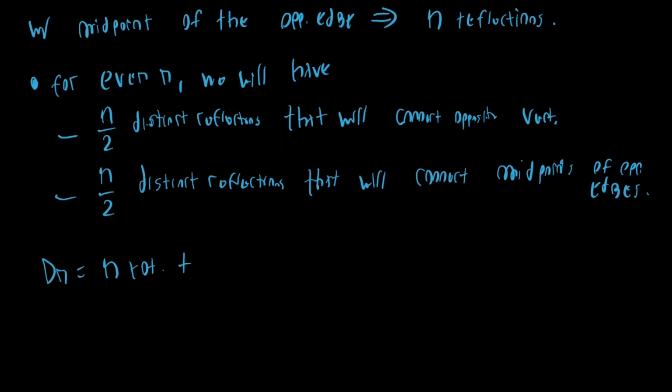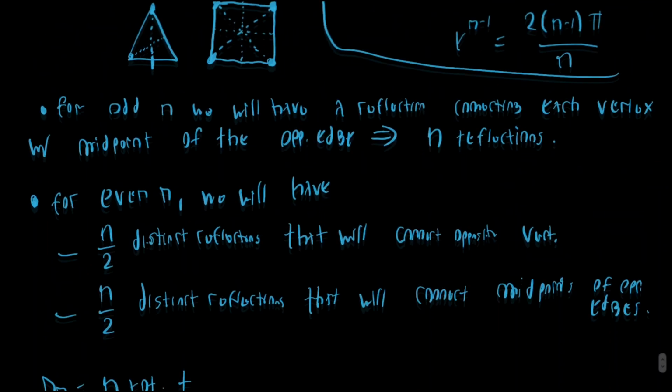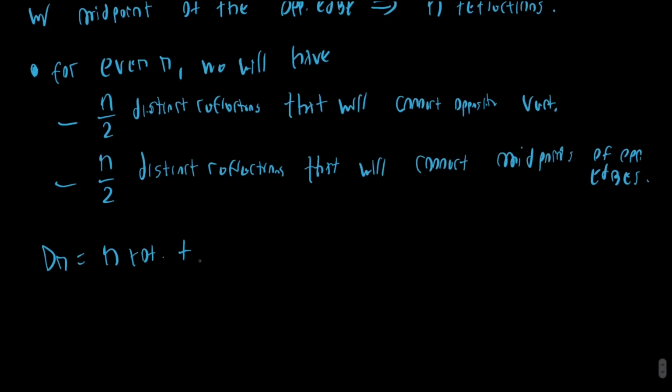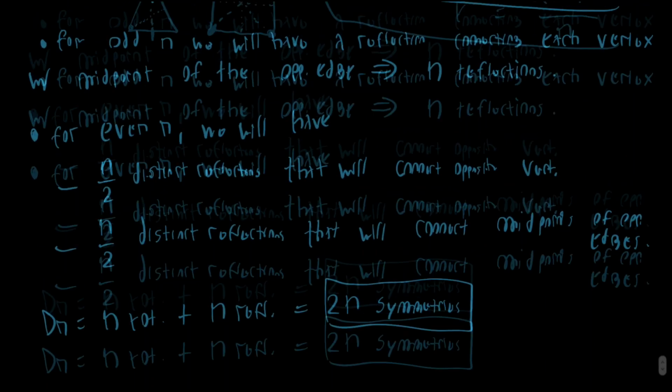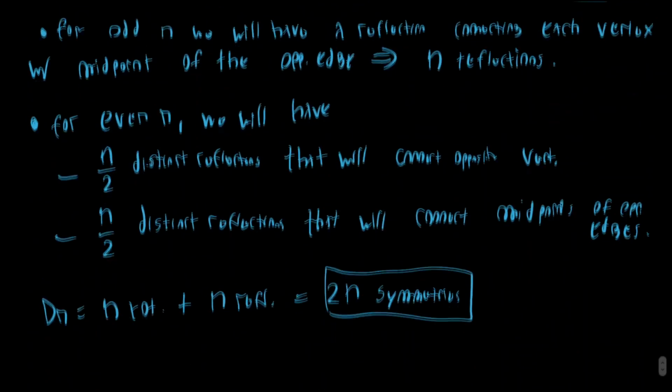Now, with this reasoning we have obtained that we have n rotations, and for odd n we have n reflections, while for even n we have n over 2 plus n over 2 reflections. That means that in both cases you have n reflections. This yields a total of 2n symmetries, so this proves that the order of Dn is greater than or equal to 2n.